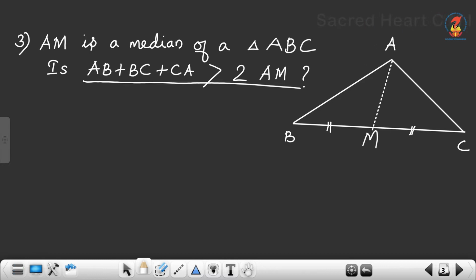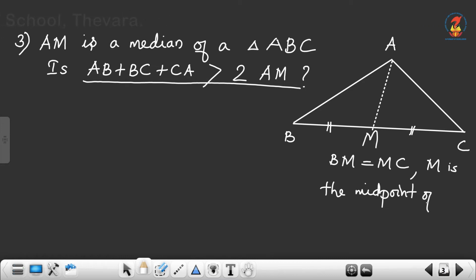So M is the midpoint of the side BC, and this BC is divided into two equal parts, that is BM is equal to MC, because M is the midpoint of BC.